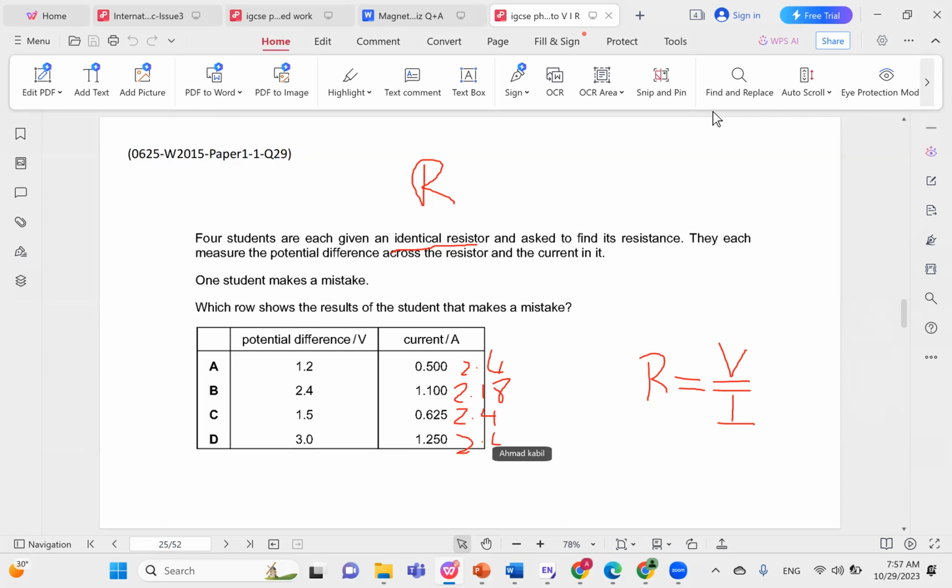Why are we dividing? Because R is equal to V divided by I, V over I. So obviously the student who made the mistake is student B, because since they were given identical resistors, they were all supposed to measure two quantities that give us 2.4 when they are divided by each other. They should have all obtained the same answer. So the anomaly here is B, and B is the mistake.